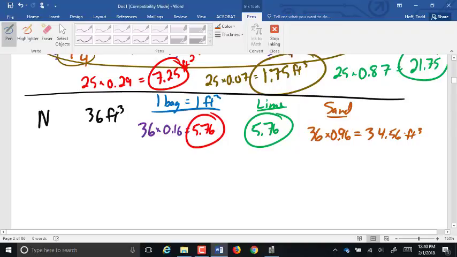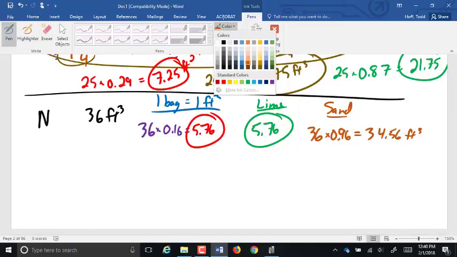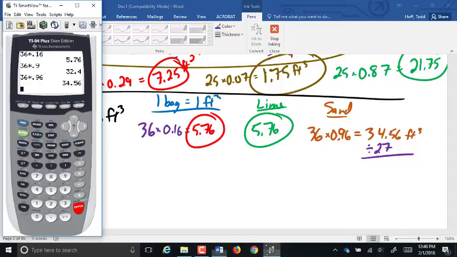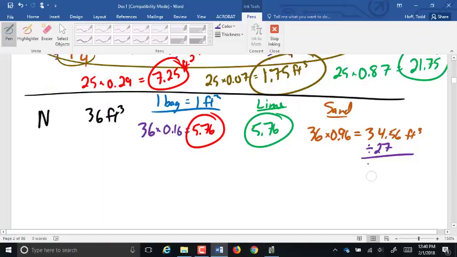However, what's it asking for the sand there? It's not cubic feet of sand, but cubic yards. How do I convert cubic feet into cubic yards? You're thinking square yards to square feet. For cubic, it is 3 cubed, 3 times 3 times 3, or 27. You divide by 27, and that is 1.28 cubic yards of sand.